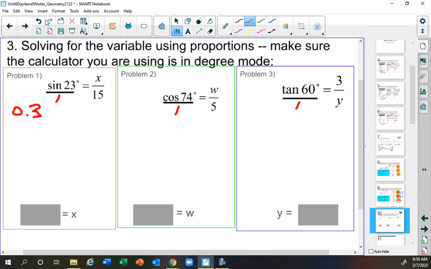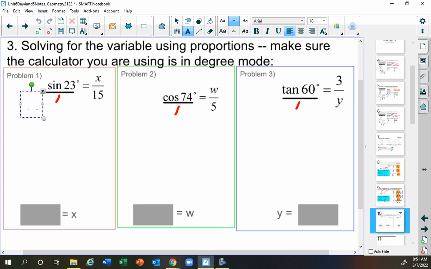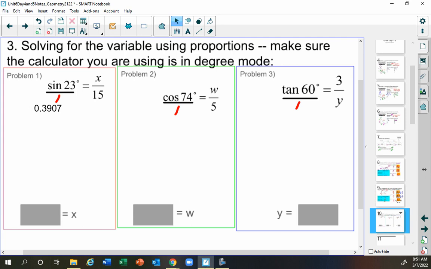You know what? I'm going to type it in. I think I'll make it a little easier. It's 0.3907 over 1 equals x over 15.